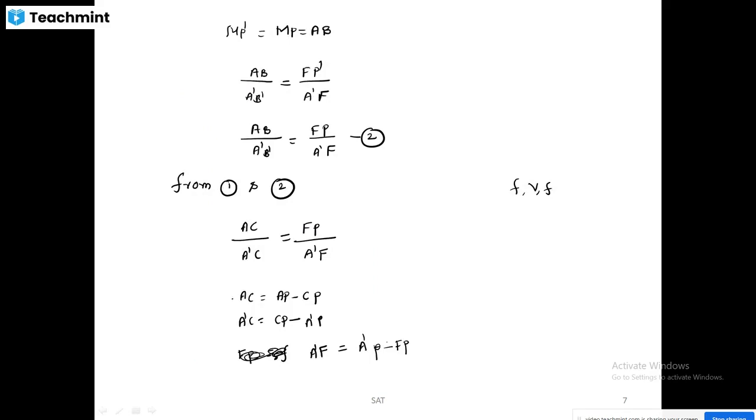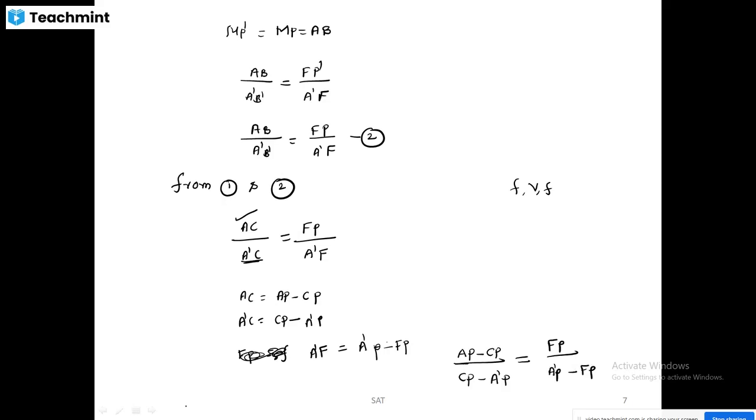Okay, let's substitute all this here. AC is AP minus CP, by A dash C, which is CP minus A dash P, is equal to FP by A dash F, which is A dash P minus FP.